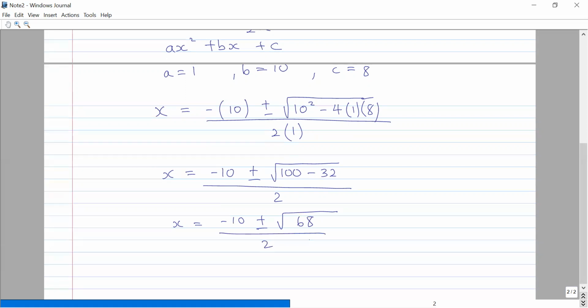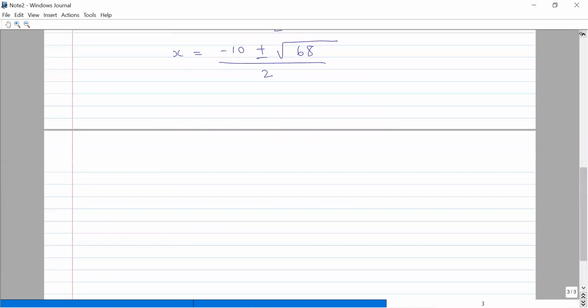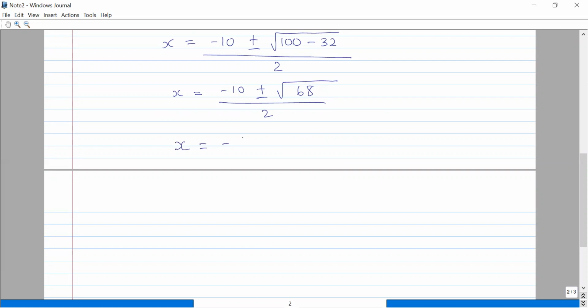Divided by 2. So for us to find the solution, we would have to split this to accommodate both signs that you have, especially the plus or minus. They mean that you're going to have two solutions. So for the first one, you'd have x is equal to minus 10, you can take the positive or the negative, it's up to you, minus square root of 68, all divided by 2.